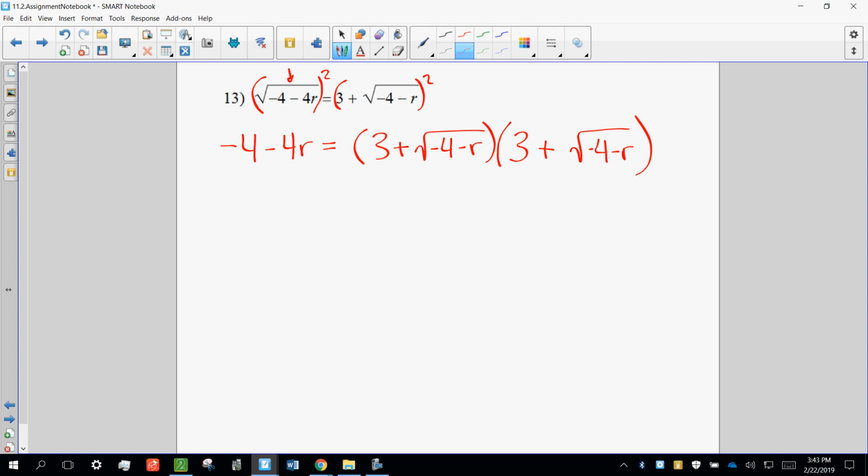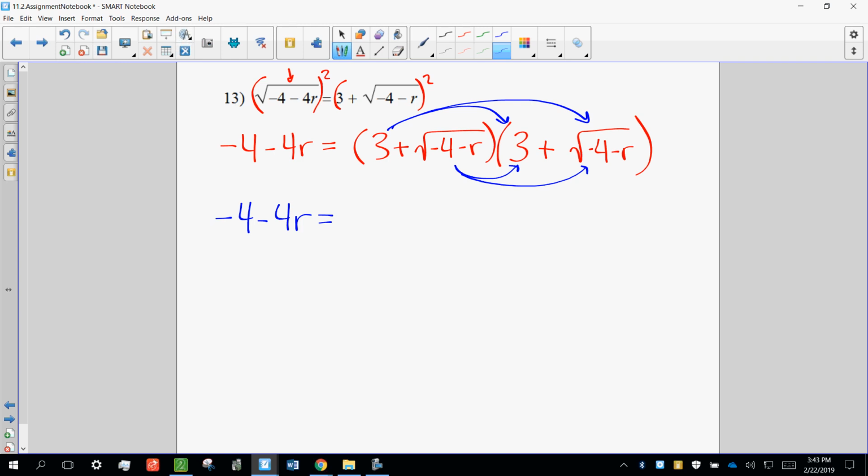That's what it means to square something. When we square things, we have to multiply the first term in one parenthesis by both terms in the other. We have to have 4 terms come out of this. So that side doesn't change.